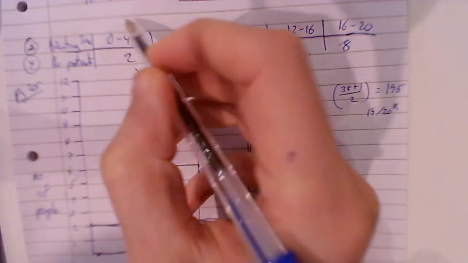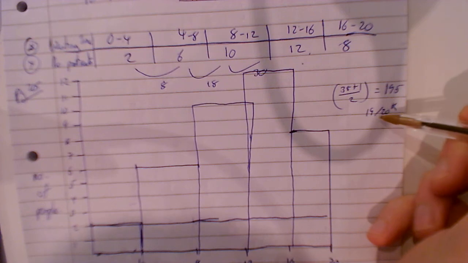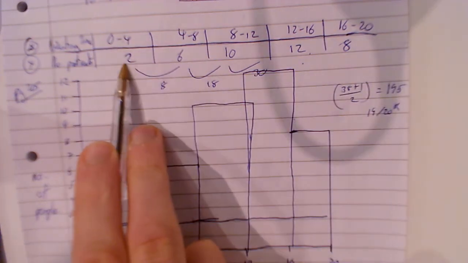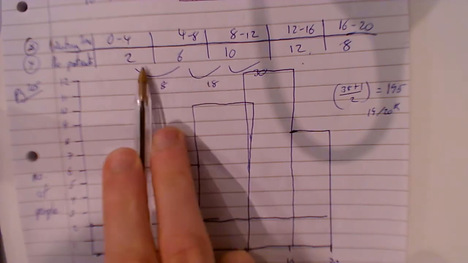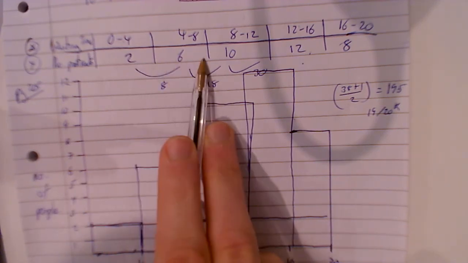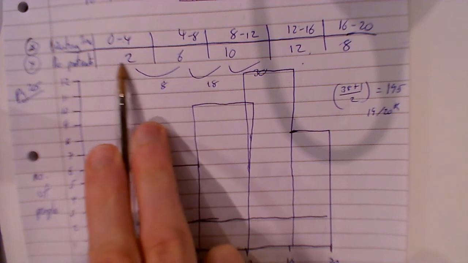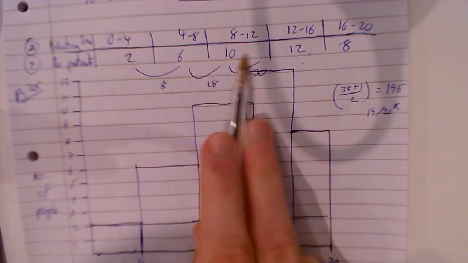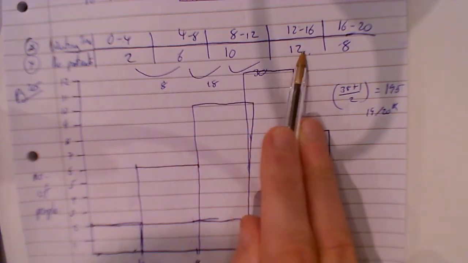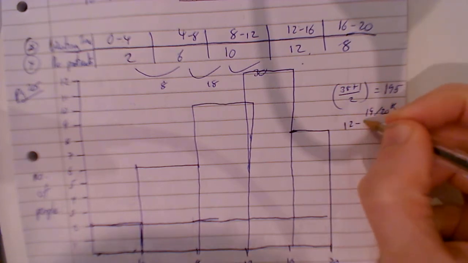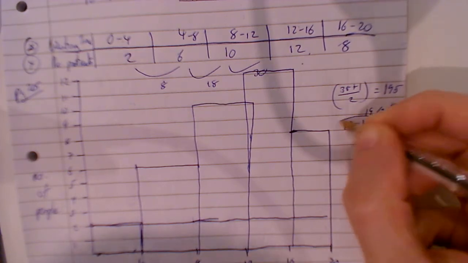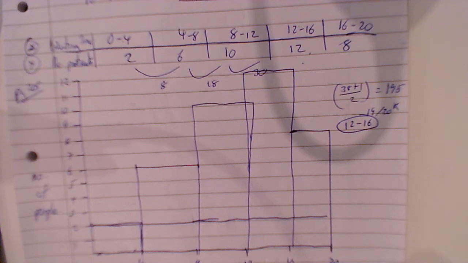This is the first 2. This is the first 8. This is the first 18. So it falls into this category here. So it's 12 to 16.